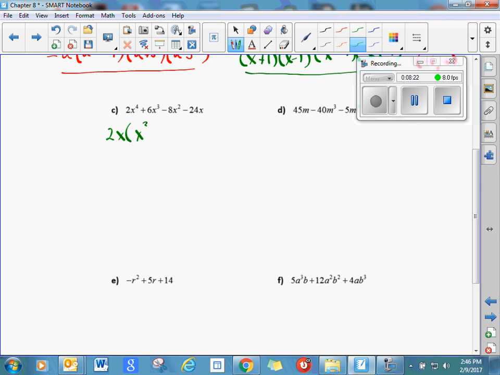So that leaves me with x cubed plus 3x squared minus 4x minus 12. So this is looking pretty good. Now I've got 4 terms here, so I'm going to look at grouping. I'm going to leave this 2x hanging out here by himself, and I am going to pull out x squared as a GCF of these 2 terms.